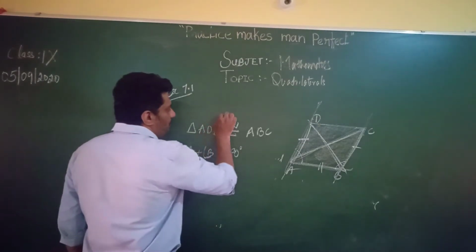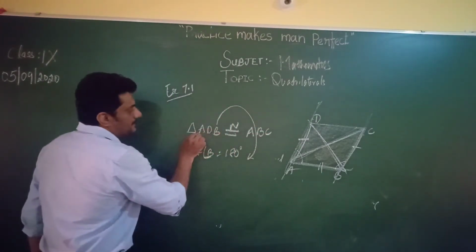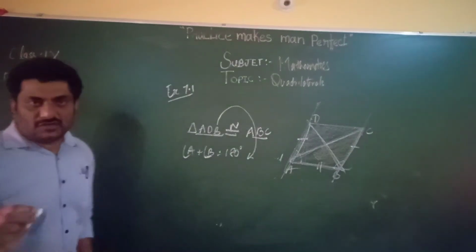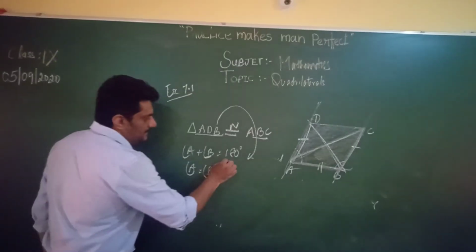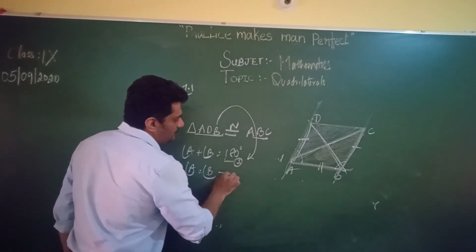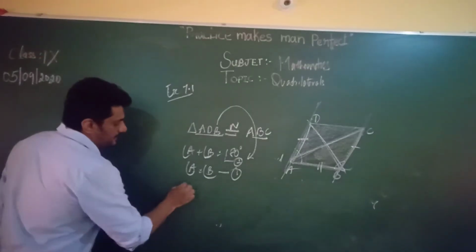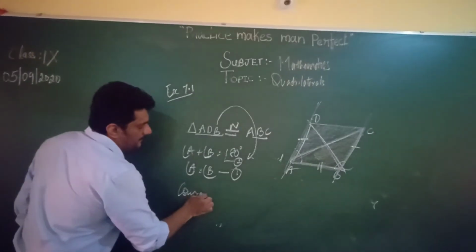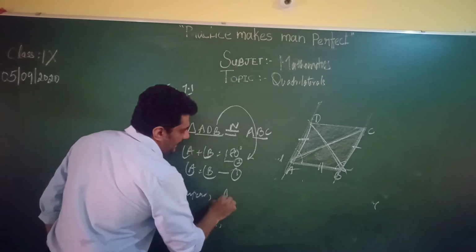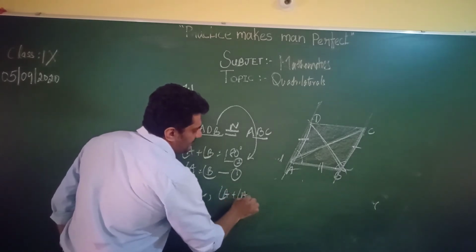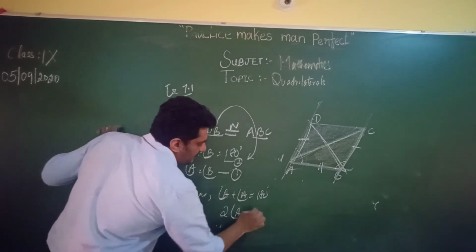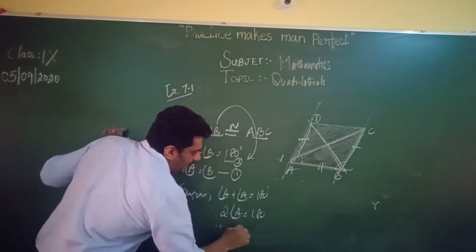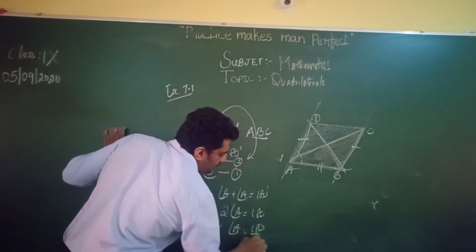But also, when I proved these two triangles are congruent, then can I tell angle A is equal to angle B? Correct? This is equation number 2. This is equation number 1. Comparing, I can write angle A plus angle A is equal to 180 degrees. 2 times angle A is 180 degrees. Angle A is 180 by 2, which is 90.